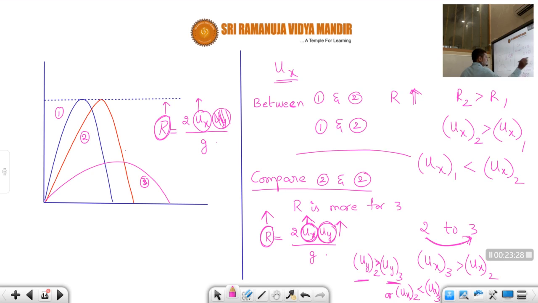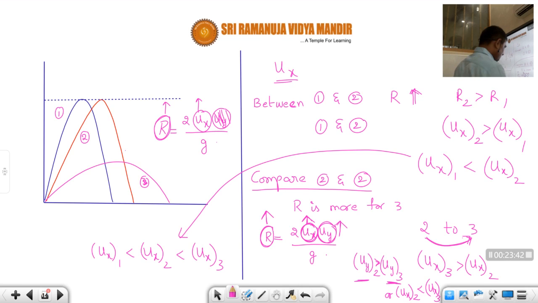Now if you want to write fully, Ux of 1 is less than Ux of 2, which is less than Ux of 3. Okay, students, so this is the correct relation. Please remember, you have to analyze this mathematically.